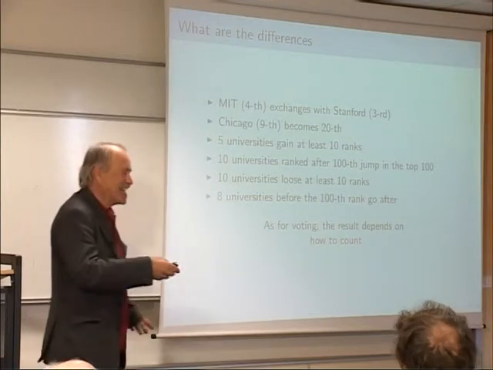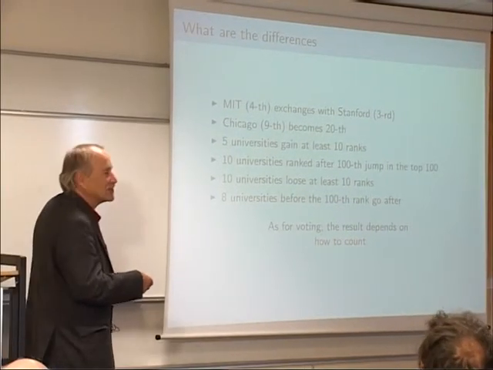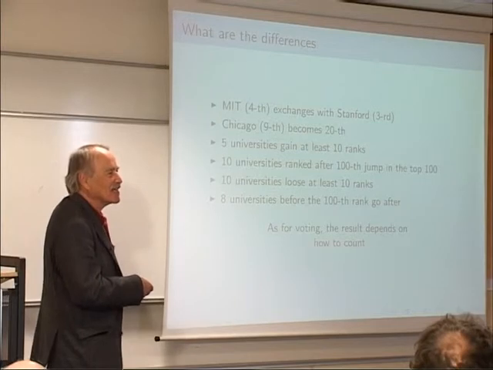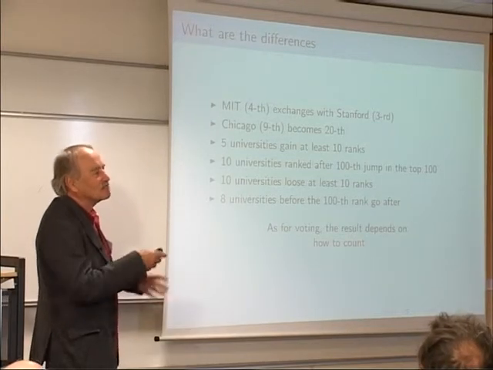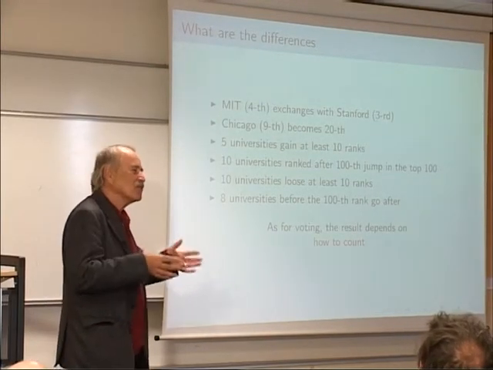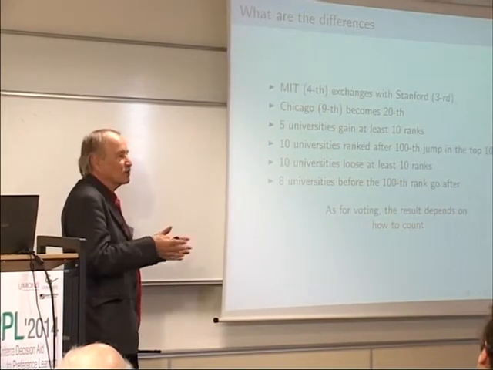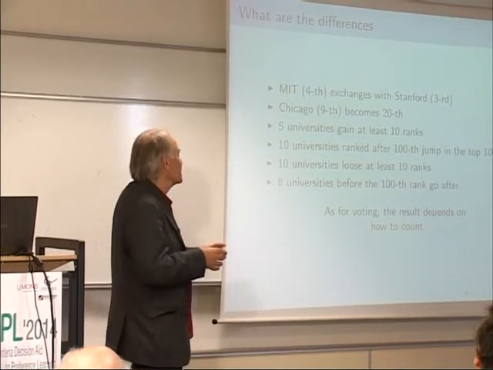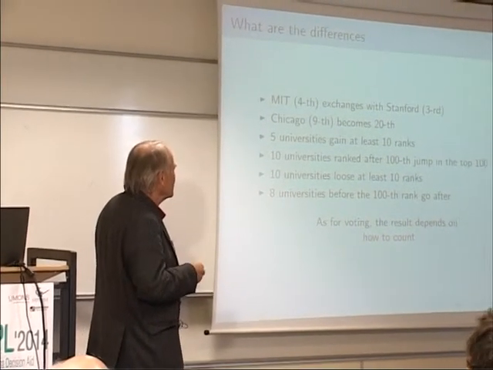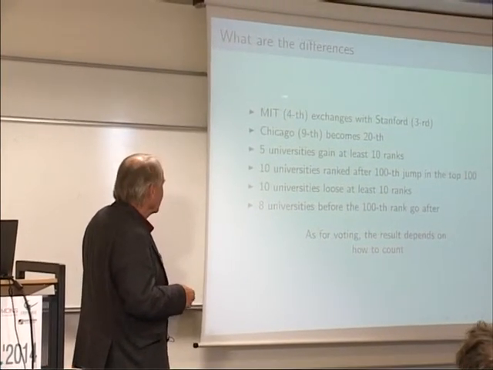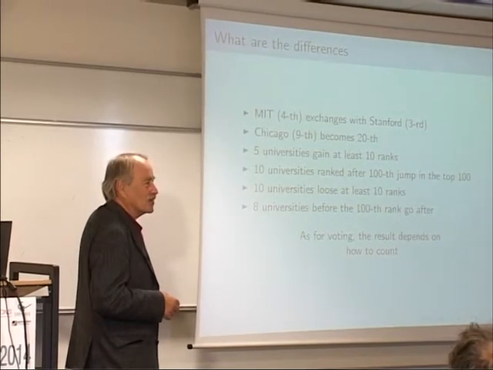So what are the differences between the Shanghai ranking and the median order? I'm not sure it's a median order. It's the best approximation I have of a median order from the tournament corresponding to exactly the same data. So MIT, which is 4th, is exchanged with Stanford, which is 3rd.